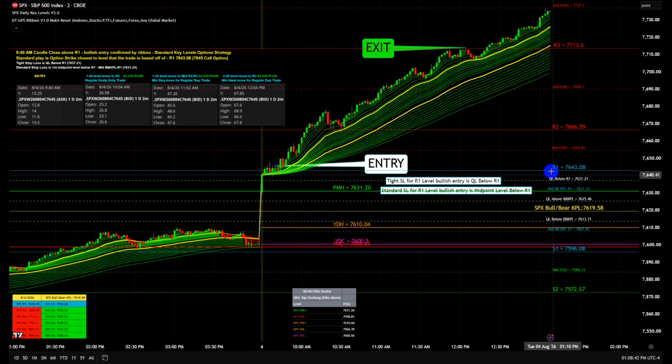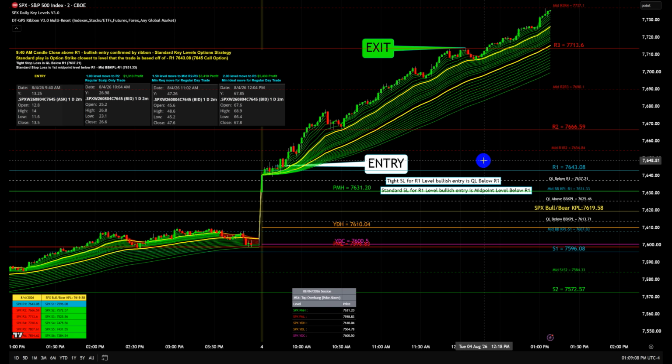Our tight stop loss is going to be the QL below R1. If you prefer the standard stop loss, which is what we recommend, the standard stop loss is going to be the midpoint below the level that you're basing the trade on. Since this is an R1 based trade, then in this particular instance, it's going to be the first midpoint below R1.